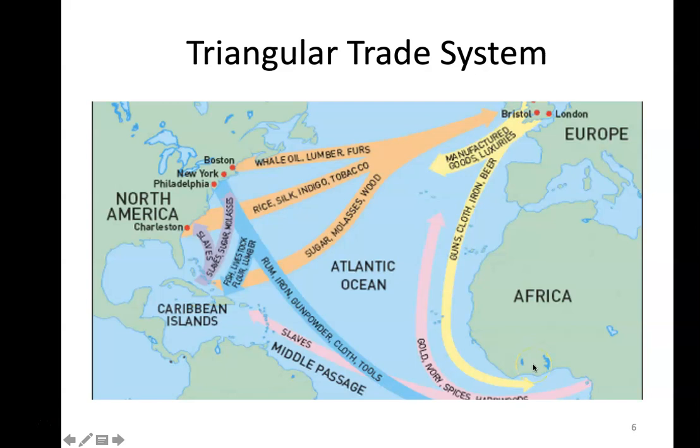In fact, let me just say that some historians postulate that the beginning of the slave trade with Europeans marks the beginning of underdevelopment of the African continent as a whole. Okay, that's how traumatic it was in the long run.